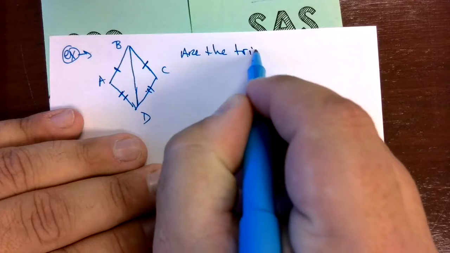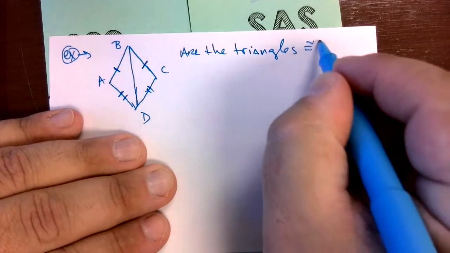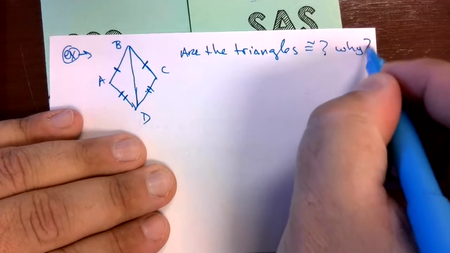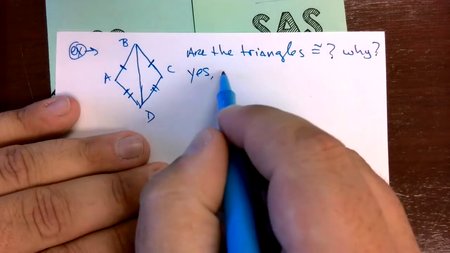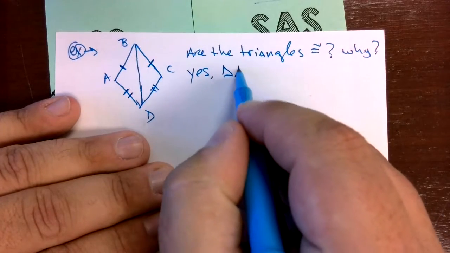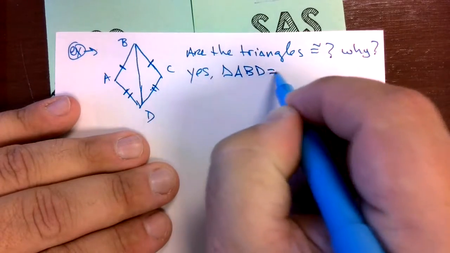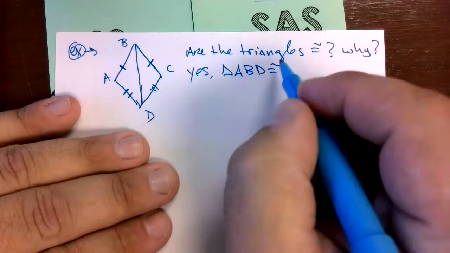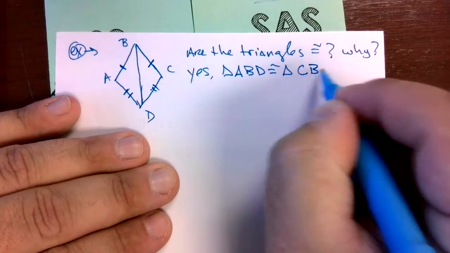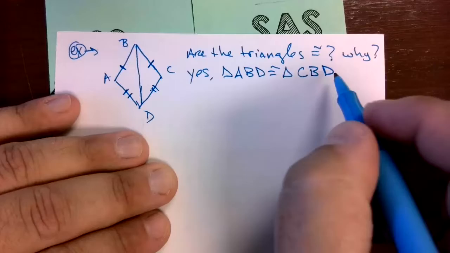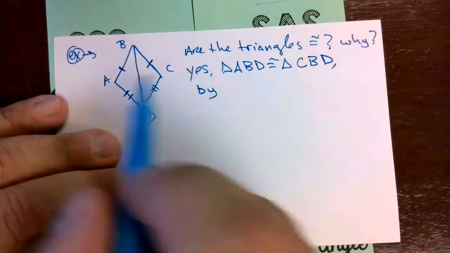And it'll want to know why. We can say yes, they are congruent. We can say triangle ABD is congruent to, now A matches with C, B is up here the same, and D is the same, by, now we have to come up with a reason why.